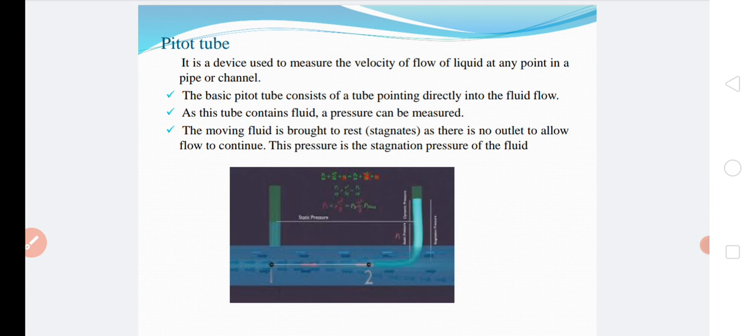When liquid enters the tube, it rises up in the tube due to the conversion of kinetic energy into pressure energy.